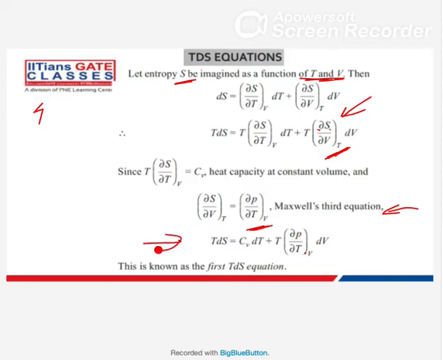That's why we have replaced this term with the P, T and V relation, so that we can have TdS in terms of P, T and V. Why? Because we'll see later that this is useful. Now TdS we get as Cv dT plus T ∂P/∂T at constant volume dV.